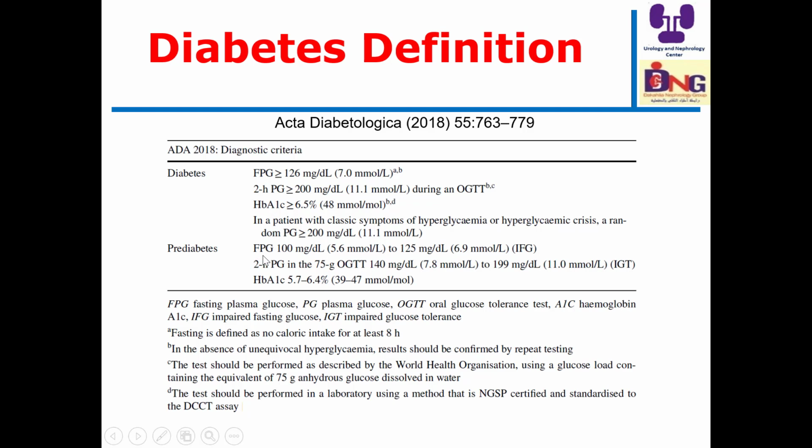Or pre-diabetes if there is impaired fasting plasma glucose between 100 to 125, 2-hour plasma glucose in the 75-gram oral glucose tolerance test between 140 to 200, less than 200 milligram per deciliter, or A1C between 5.7 to 6.4%. So we can use this definition to diagnose post-transplant diabetes.